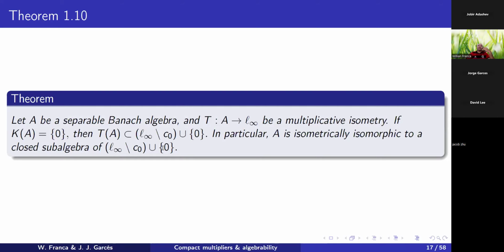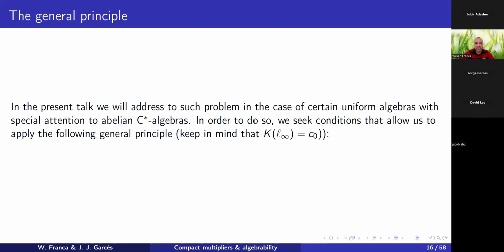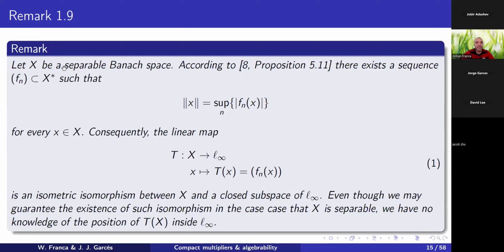So we want to find settings where we can guarantee the existence of a multiplicative isometry from A to L infinity. From the previous discussion, it seems reasonable to consider separable Banach spaces, in this case, separable Banach algebras.